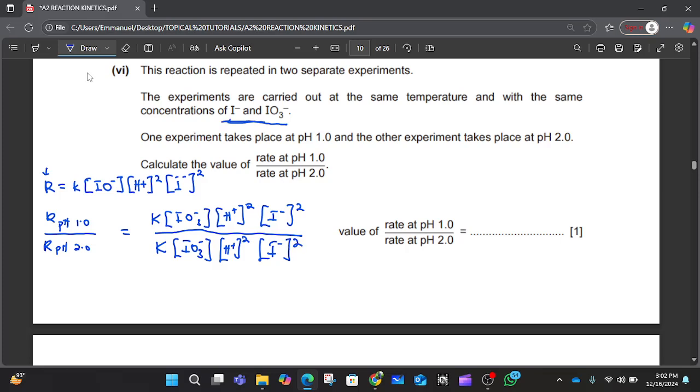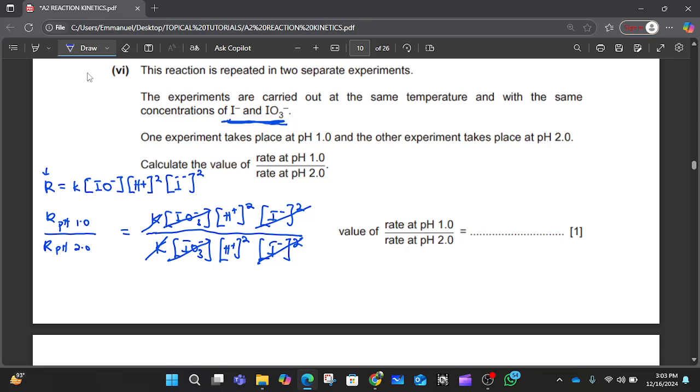From this question, we're told that the concentration of I minus and IO3 minus are the same. So it means that in the two experiments, this is the same as this. This is also the same as this, so we can cancel them out. Of course, the rate constant is the same for both experiments. We have calculated this and it's the same.